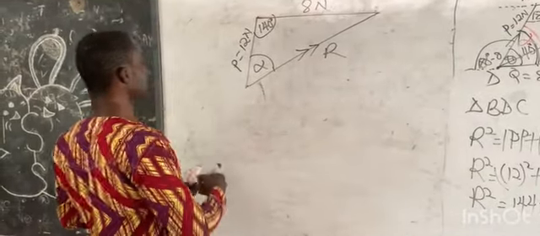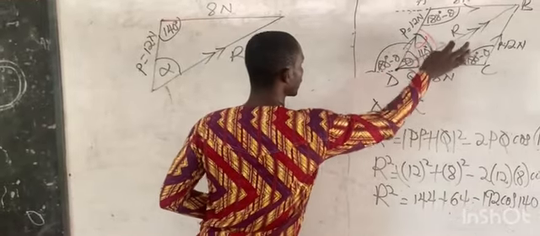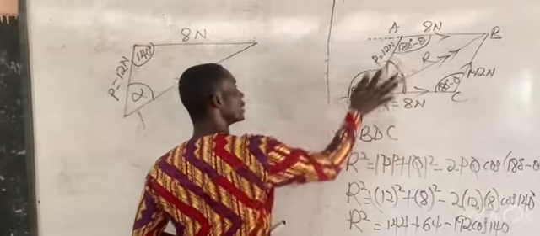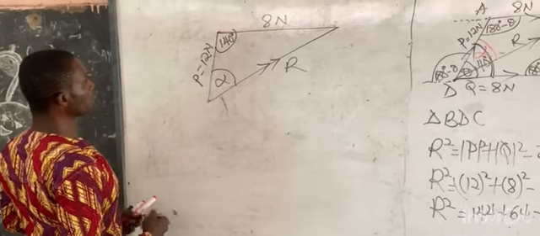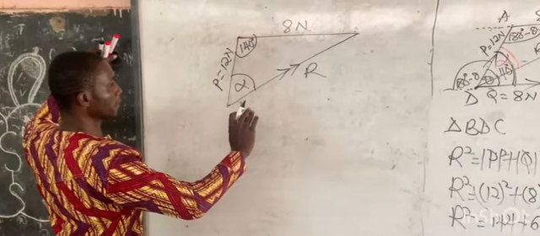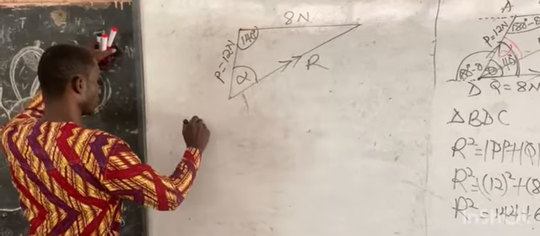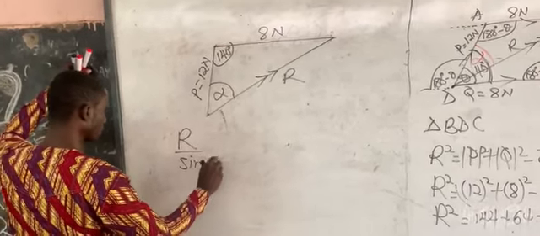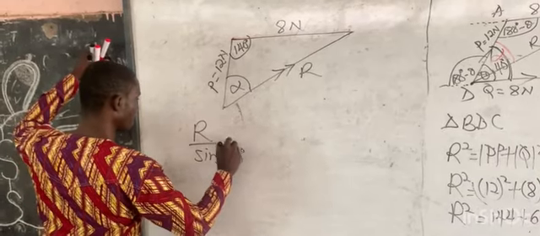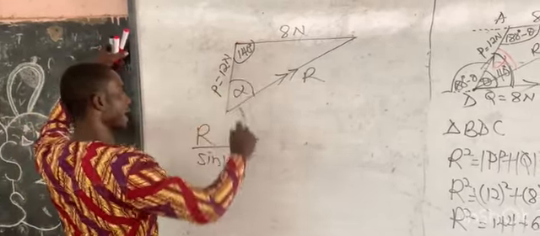And we are asked to find the angle alpha. This angle, the angle of the resultant R with P. This is P. So what do we do? We can use the sine rule. R over sine 140 degrees is equal to 8 over sine alpha.